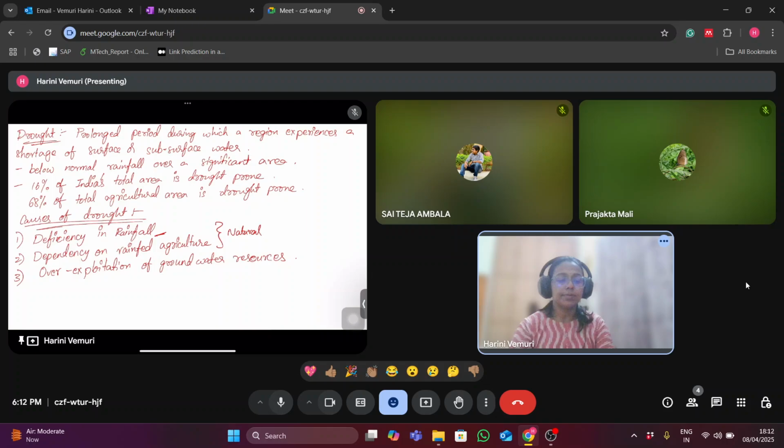Over exploitation of groundwater means pumping out excess groundwater even though you don't need it, or because you are mainly depending on groundwater. It will lead to the groundwater depth going higher, which lowers the water table. We cannot extract more water further, and if it happens in coastal areas, there is a chance of saltwater intrusion from oceans, as we have discussed in earlier classes.